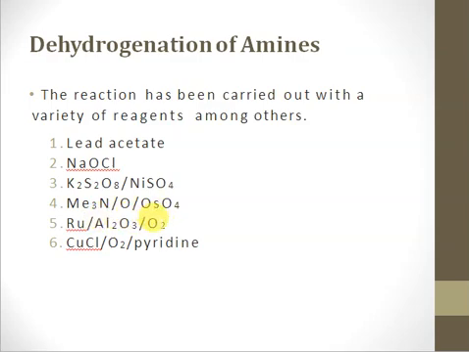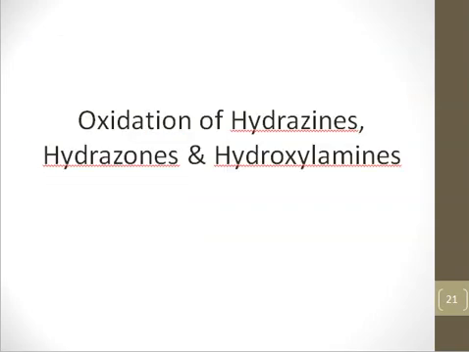So this reaction takes place in presence of air. Similarly, in this reaction you use cuprous chloride, and again we use air, and this reaction is carried out in open air, and you have to make use of pyridine. So with these reagents, you can convert primary amines into nitriles, right?